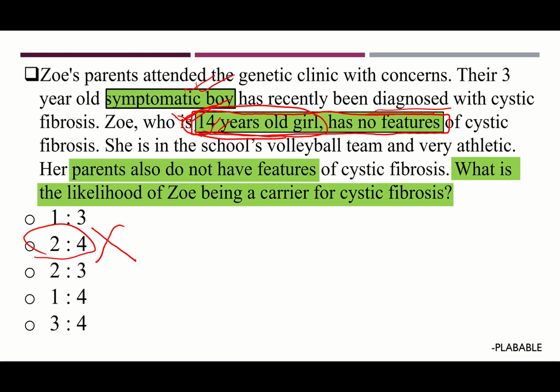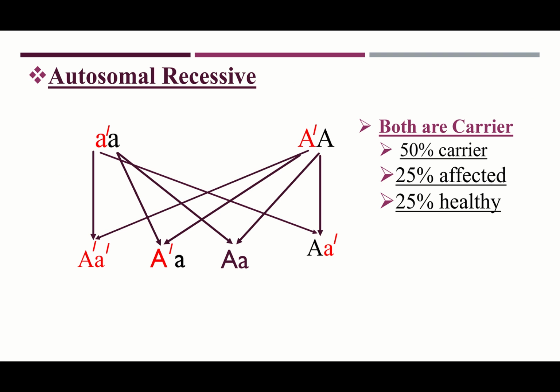If you read the theories related to cystic fibrosis in Harrison's or any other material, you will know that cystic fibrosis is an autosomal recessive disorder which is diagnosed at a very early age, like 3 years, 4 years, 2 years. But since she is already 14 years of age, her risk zone of being affected with cystic fibrosis is gone, which means for Zoe this portion is gone.